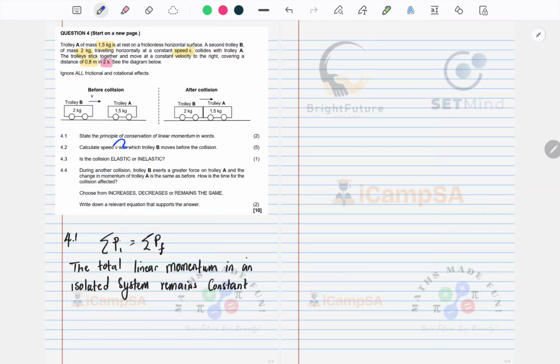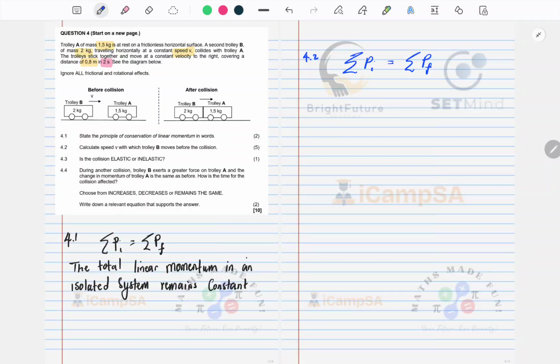They're asking us to calculate speed v with which trolley B moves before collision. So this first question tells us a formula that we're going to use to answer the second question. So let's use this principle here, 4.2. We are going to use the principle of linear momentum, right? So we're going to have initial momentum equal to final momentum, like so.